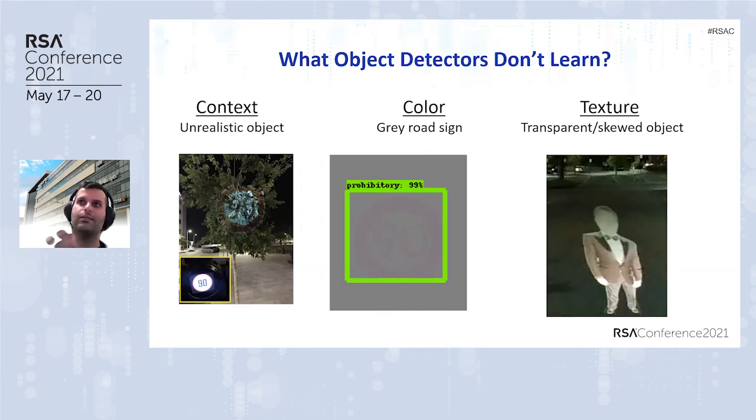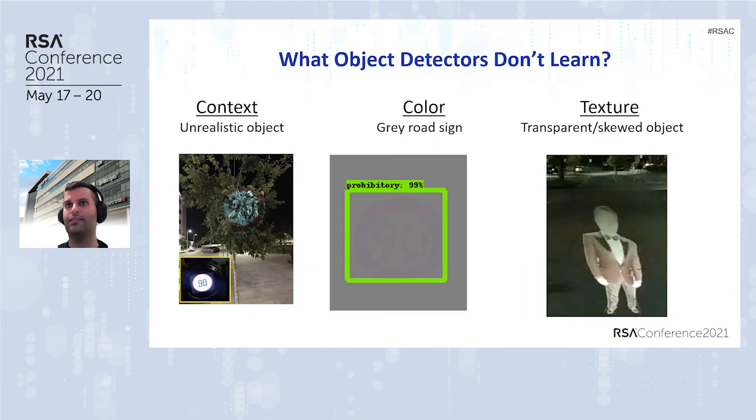Also, in some cases, colors aren't taken into account. This road sign consists only of gray colors, and it is still being detected by one of the state-of-the-art object detectors that currently exist. And also texture in this case isn't taken into account.